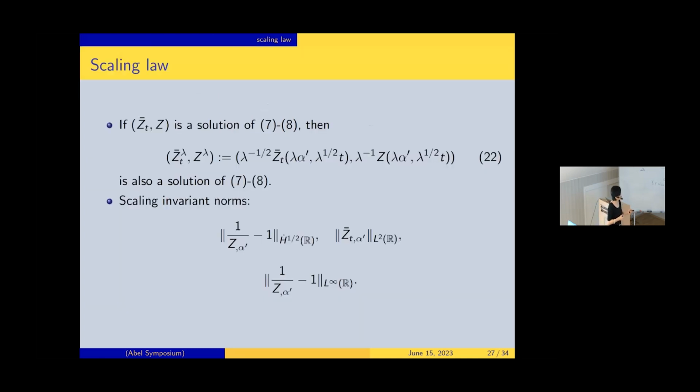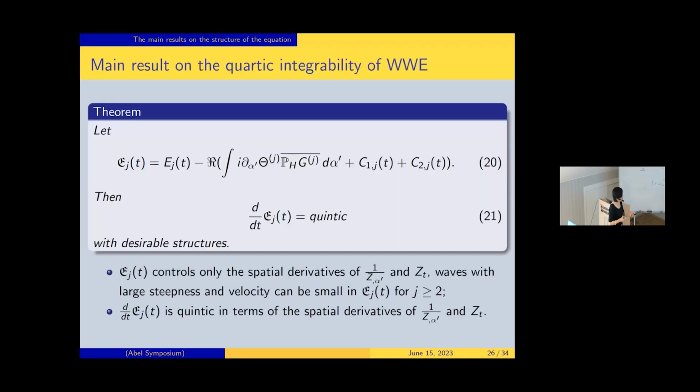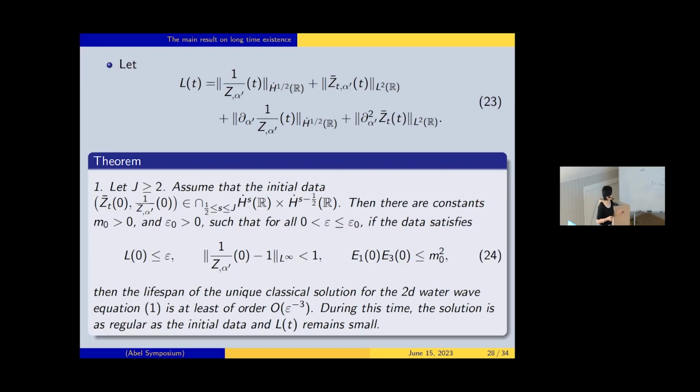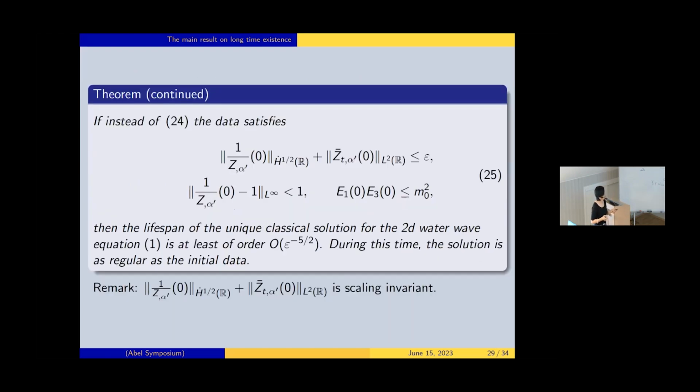The same construction also holds for the periodic case with some modifications of constants. Now if we assume only that the scaling invariant quantity is less than epsilon, and these two quantities are bounded but not necessarily small, then we sacrifice the time a little bit, so the time of existence is epsilon to the minus 5 over 3.